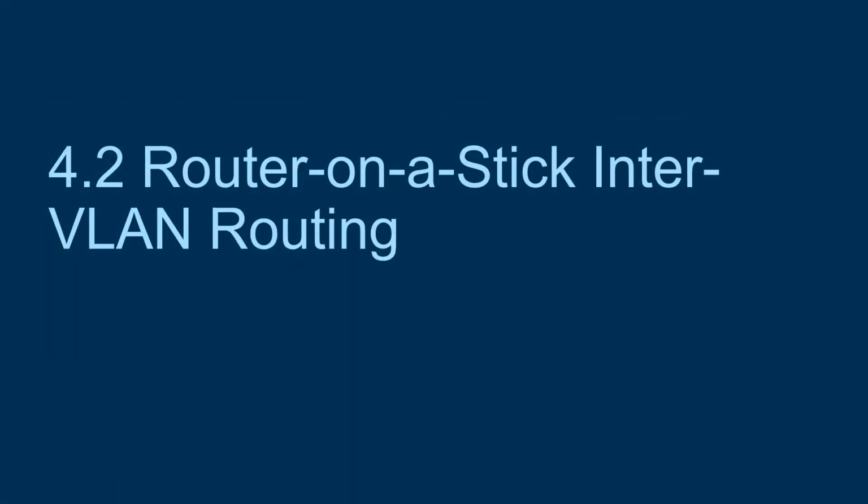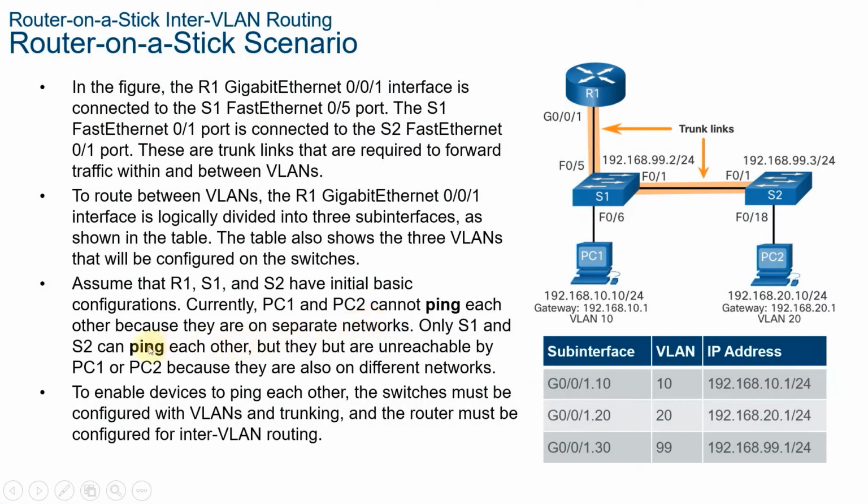Router on a stick inter-VLAN routing. In the previous topic, there are 3 different ways to create inter-VLAN routing, and the legacy inter-VLAN routing was detailed. Now this topic details how to configure router on a stick inter-VLAN routing.